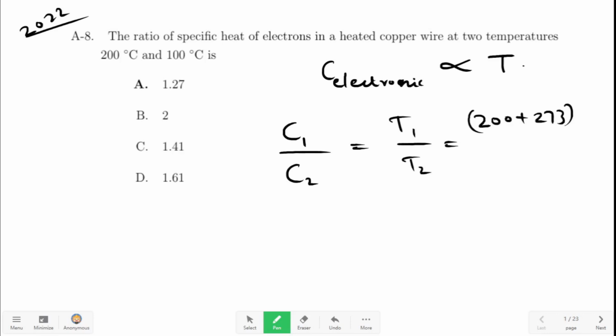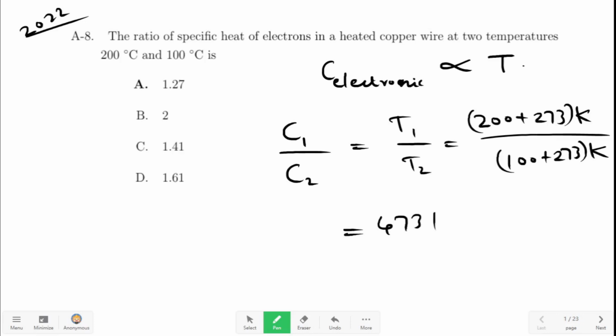We have to convert temperature to Kelvin, divided by 100 plus 273 Kelvin, which is equal to 473 Kelvin divided by 373 Kelvin, which is equal to 1.27. Option A is the correct answer here.